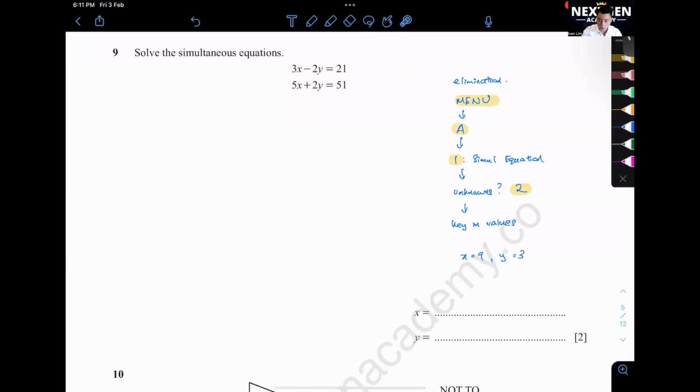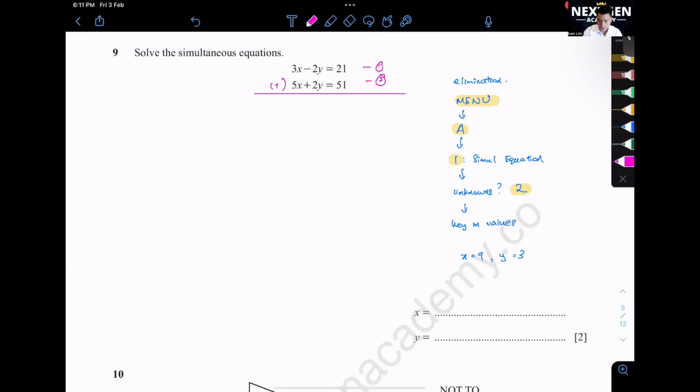Here I got a -2y and +2y. So you just need to ask yourself, how can I eliminate this term? Is it just plus or minus only? -2y plus +2y, that's how I cancel it off. If I consider this equation 1 and this one equation 2, I just need to add both together.